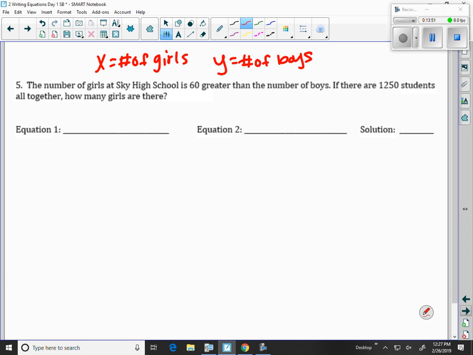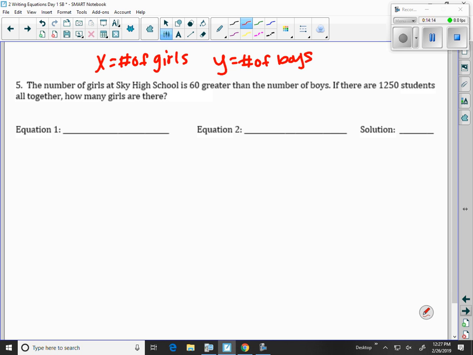Okay, there are 1,250 students altogether. Okay, tell me equation number 1 using the total number of students. Don't worry about the 60 greater than yet.